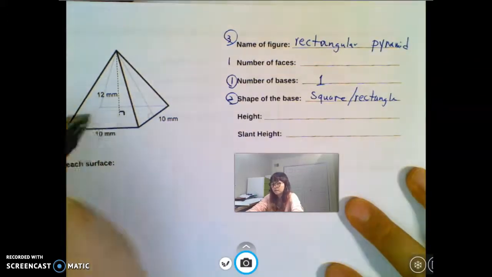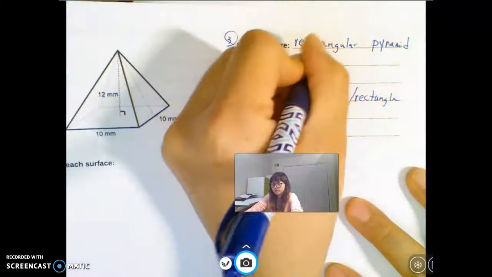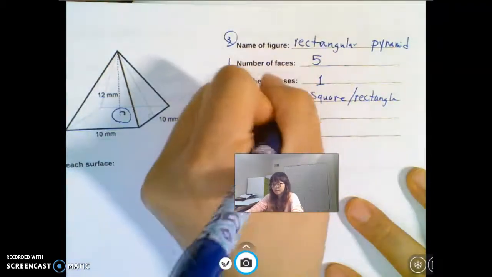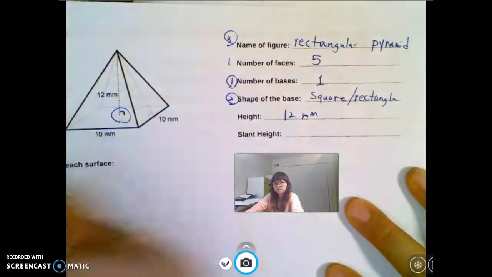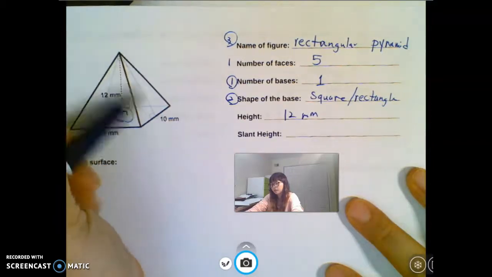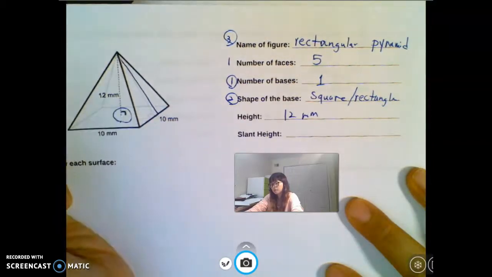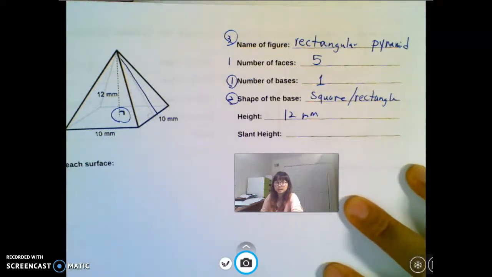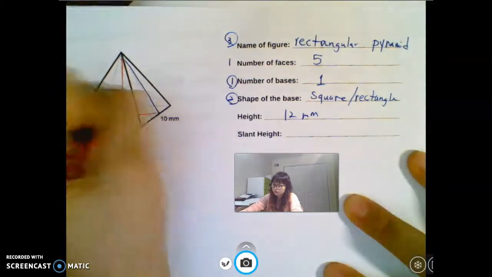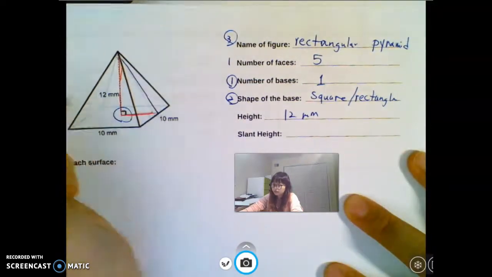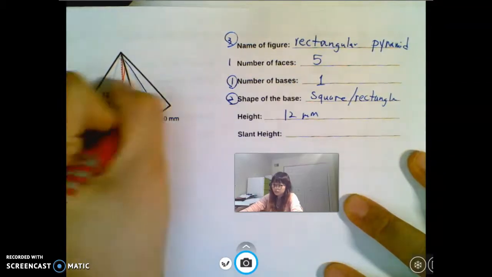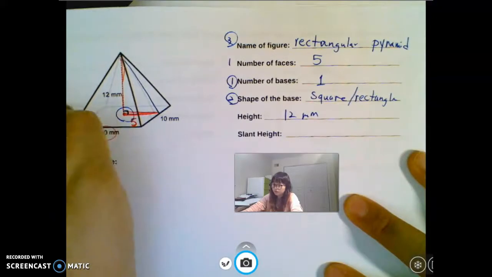Number of faces, got 1 at the bottom, and then 4 sides, a total of 5. Height makes 90 degrees, so it's 12. And then slant height, that's the sideways one. In this case, they didn't give it to you. If you're in a regular class, we'll give it to you. If you're in honors class, you have to figure out the slant height. The center to the point would be 5 because the whole thing is 10.